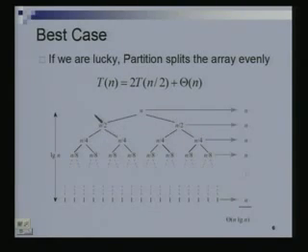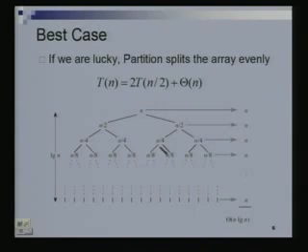Then when I did a quicksort on this, again I was lucky, I picked a pivot that divided it into two parts. And again it divided into two equal parts, and so on.